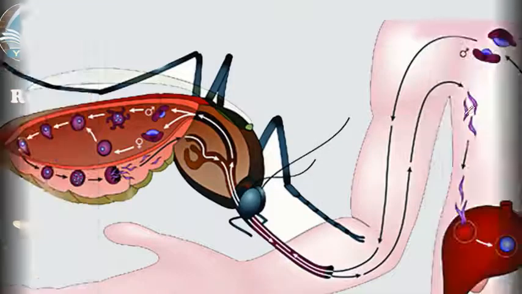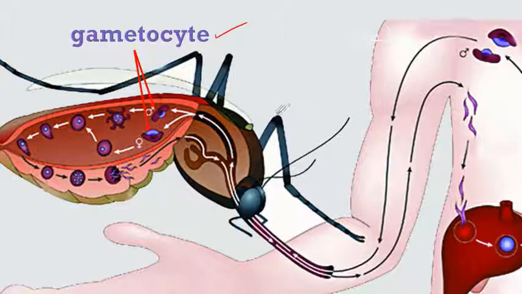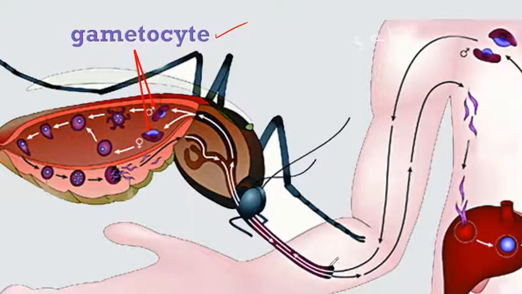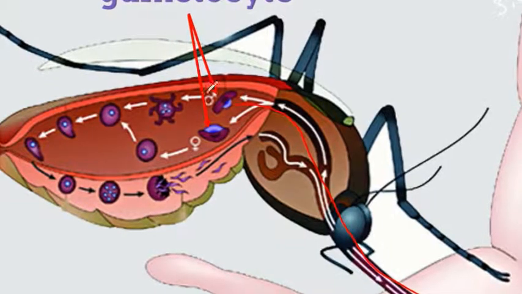First of all, a female mosquito will find a person who is infected. This person is sick, he has the disease, he is infected by malaria. Now this person has gametocytes in his blood. The mosquito will suck the blood of this person and the gametocytes will enter the stomach of the mosquito.